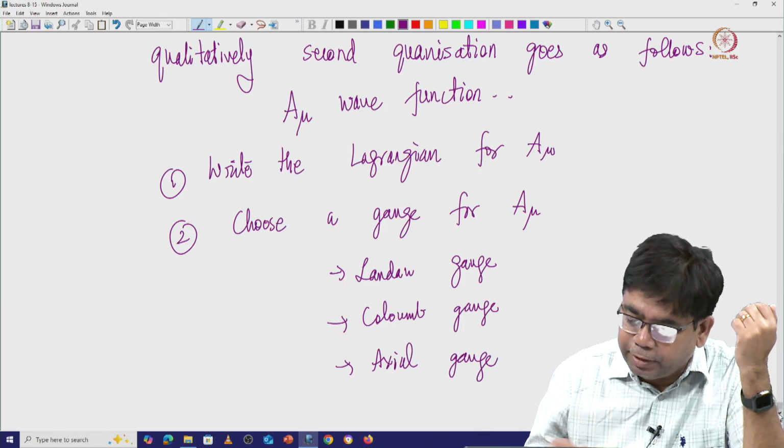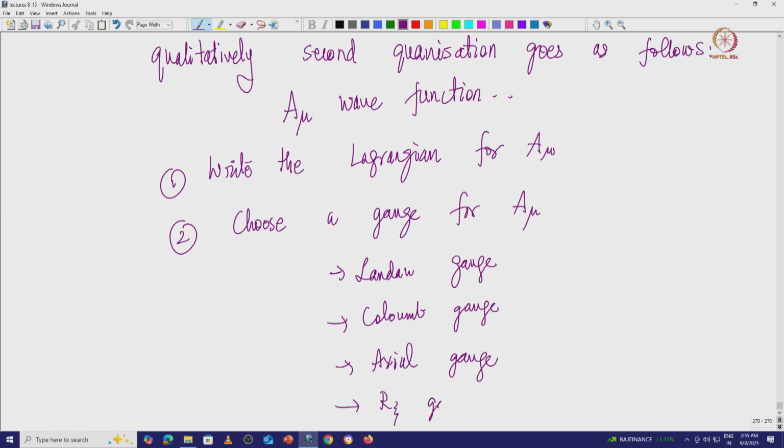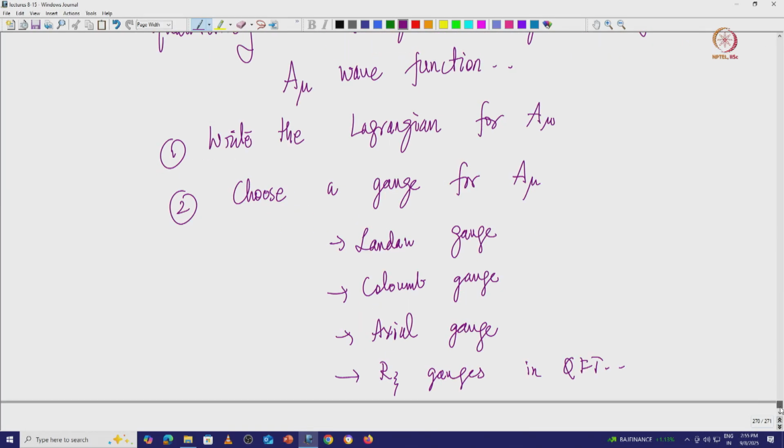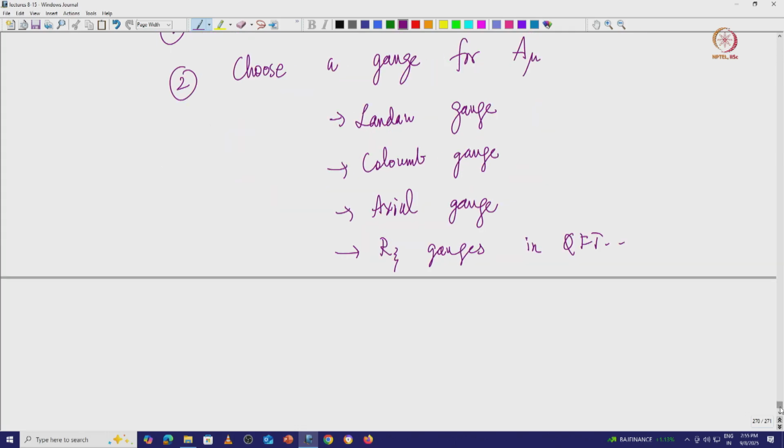In general in quantum field theory there are something called R xi gauges. We will not go into great detail about it because it comes at a later stage in quantum field theory. But given all these choices, you choose a gauge for this wave function and then write the Lagrangian in terms of A mu, and you also have del L by del A dot, that also is important.